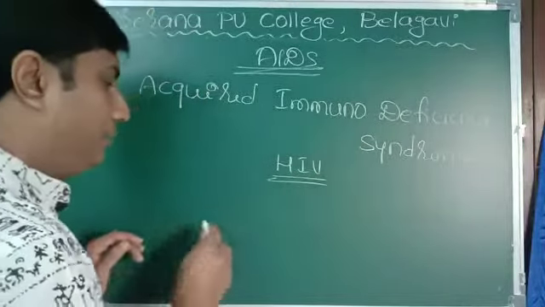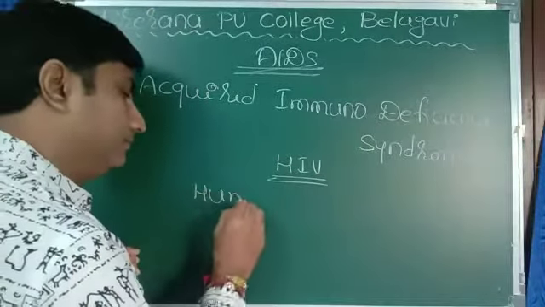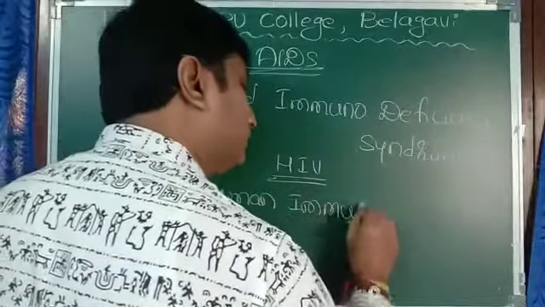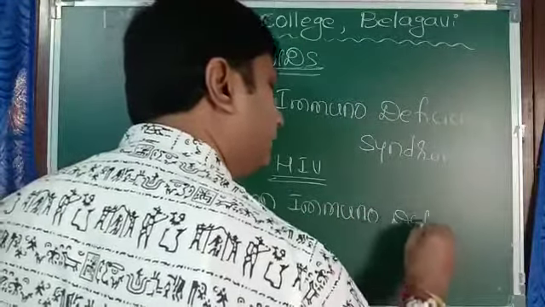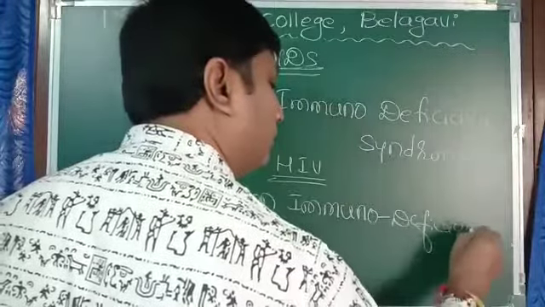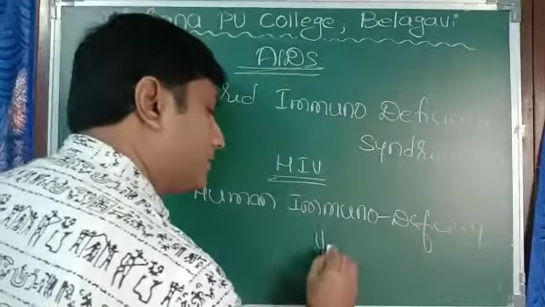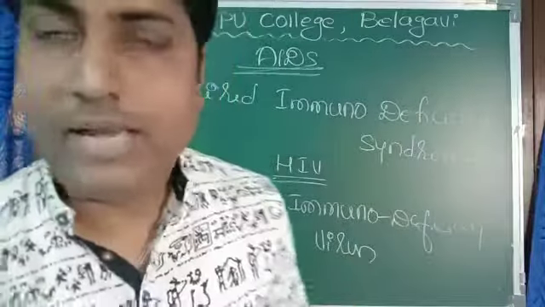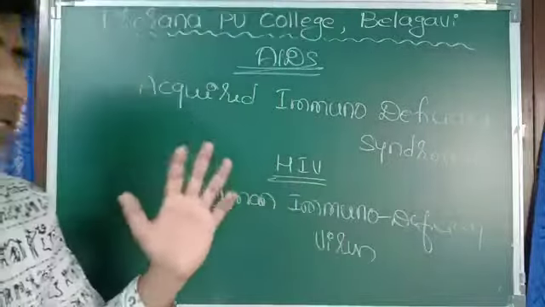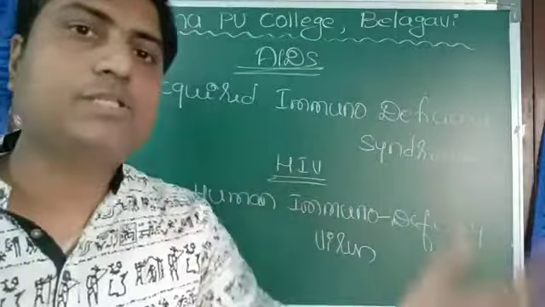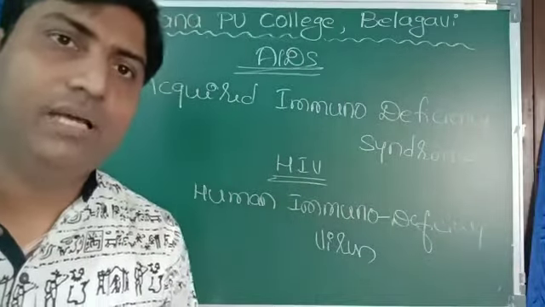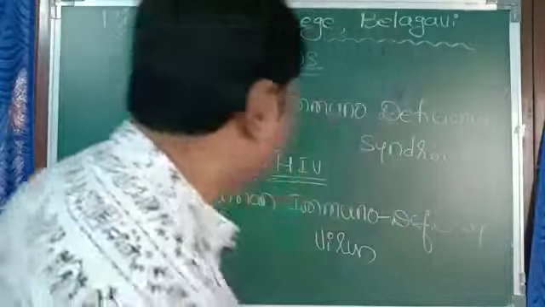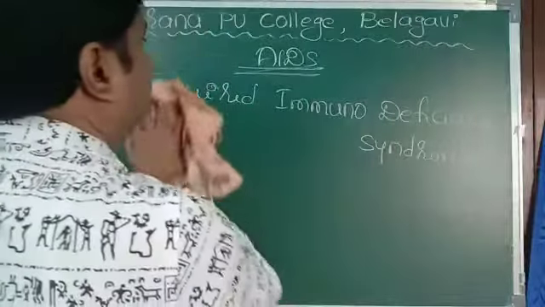HIV. The full form of HIV is human immunodeficiency virus. Now let us see how HIV gets transmitted from one person to another person. There are 4 methods by which it gets transmitted.